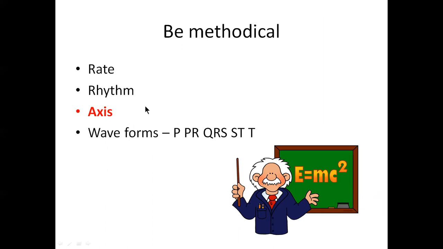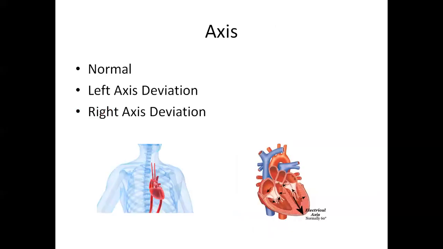The third thing we have to check on is the axis. Now an axis could be normal, or there could be left axis deviation or right axis deviation. Now what does this mean? If you look at a heart in cross section, you will notice that the left ventricle has the largest muscle mass, right?